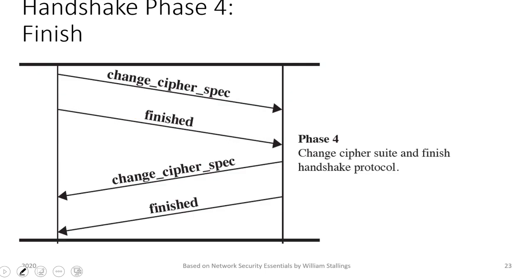The fourth phase is where the cipher suite is changed and the handshake protocol is completed. The client sends the change cipher spec and finishes the establishment of the handshake, and similarly the server sends back a change cipher spec and finishes the establishment of the handshake.